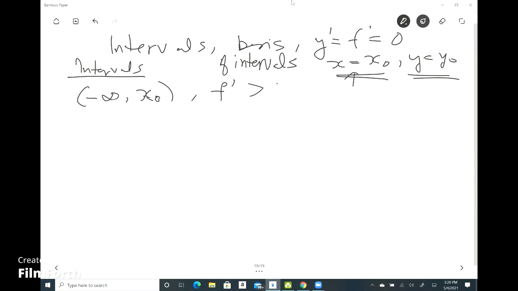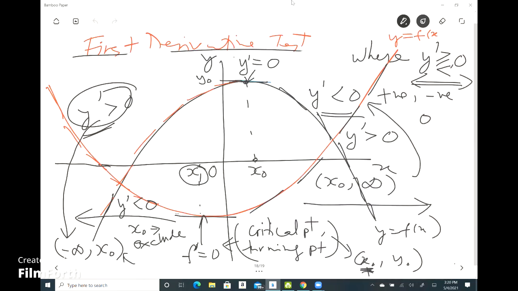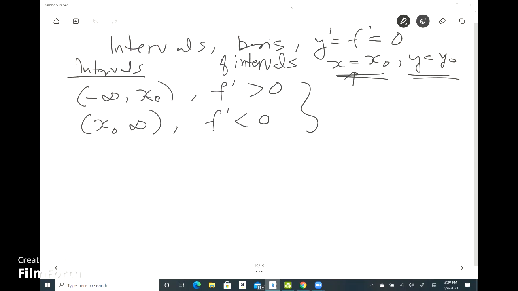And then after x0, upward, f prime is negative. So over those intervals, you have positive or negative derivatives, which you can identify from the slope. So negative infinity to x0, positive. Okay, so that is the first curve, the one that I drew in black.